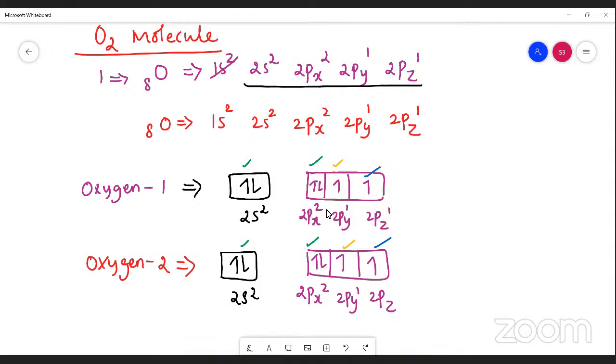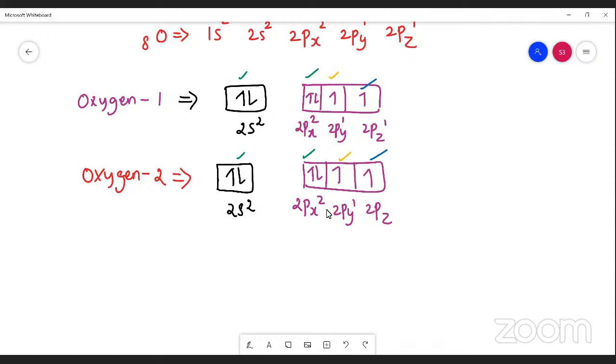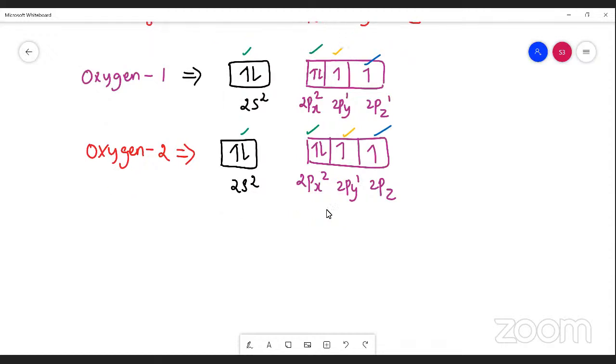Okay, now here the bond can be formed between the 2 oxygen atoms, by taking the atomic orbitals 2py and 2pz. Now, if you take the 2pz orbital, it is taken as the molecular axis.